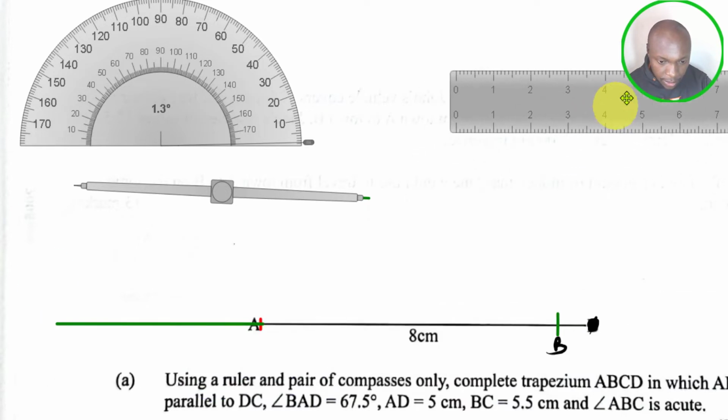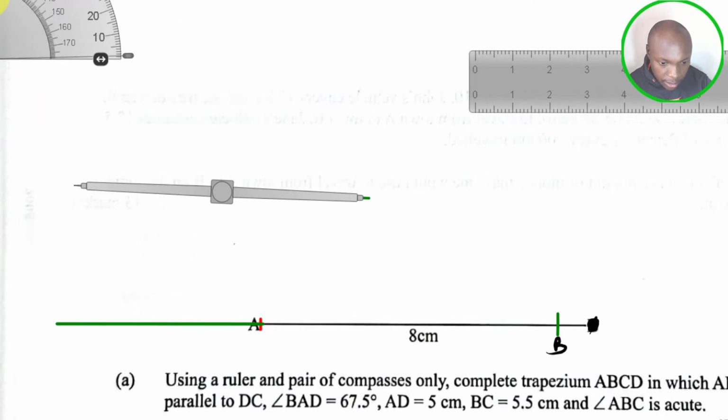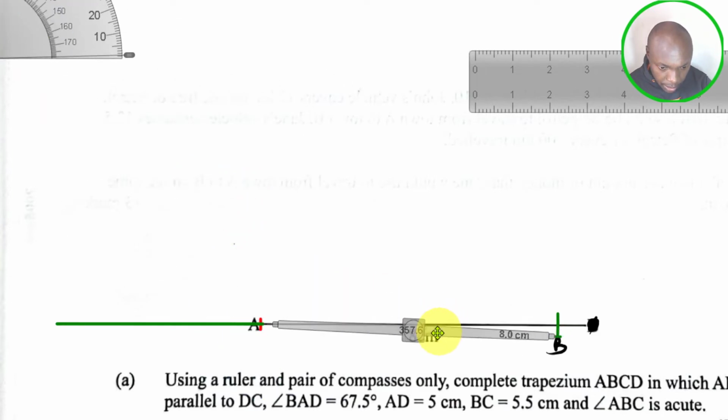Once I extend the line, now I want to construct 90 degrees. So I take a pair of compasses and stand here at point A. Let me shorten my pair of compasses, then I open the radius. Opening the radius standing at A, I mark.